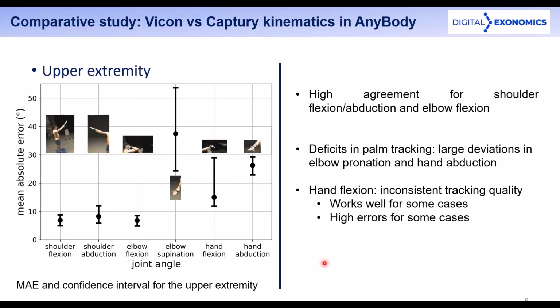Here we notice that the tracking is not quite stable yet. We don't have a constant offset or error; rather, for some trials hand flexion works really well, and for other cases it just doesn't work. So it's not quite fully stable yet.